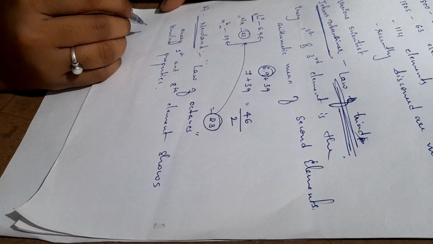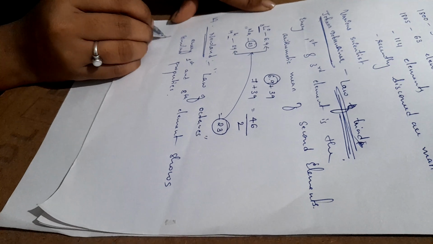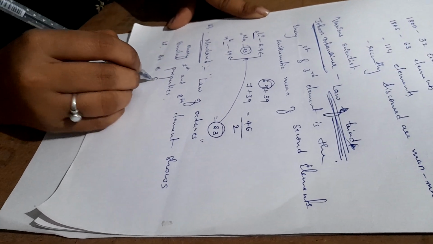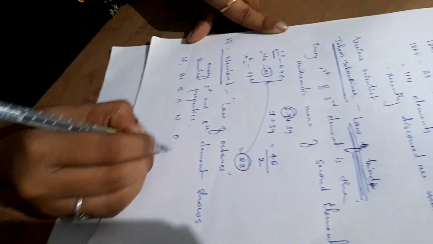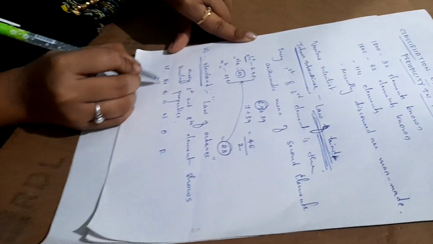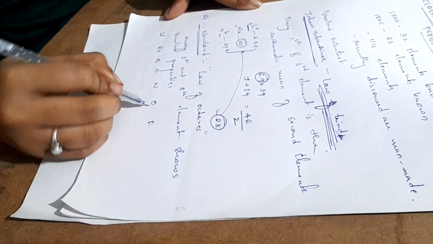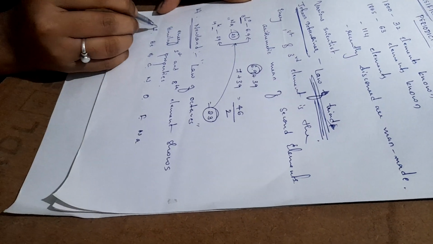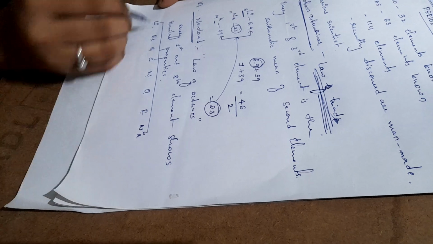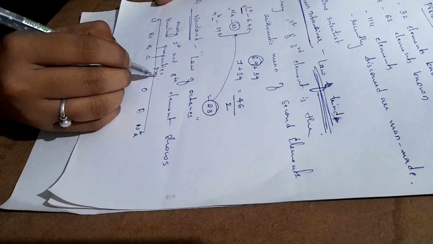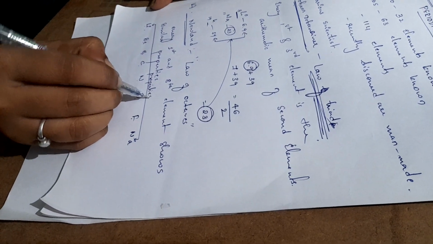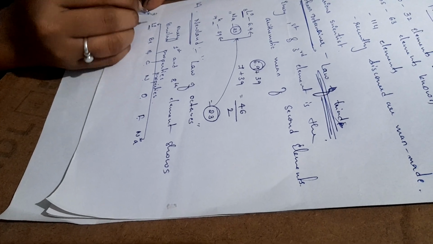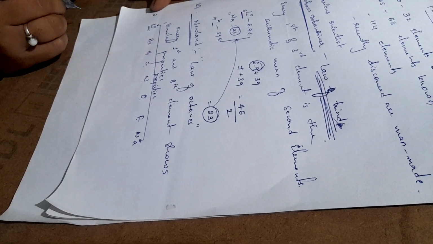It means when we start from lithium, next comes beryllium, boron, carbon, nitrogen, oxygen, and fluorine. 1, 2, 3, 4, 5, 6, 7, 8. Every first and eighth element has the same physical and chemical properties. Lithium comes in the second period and first group.